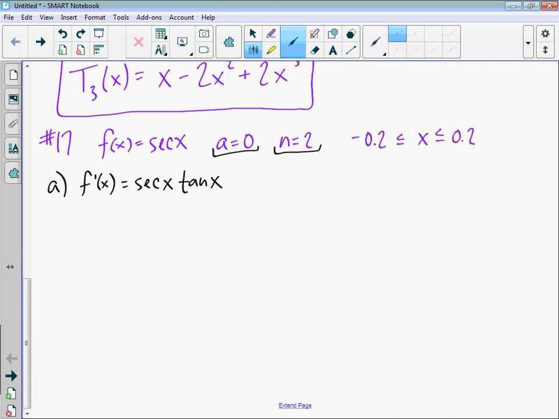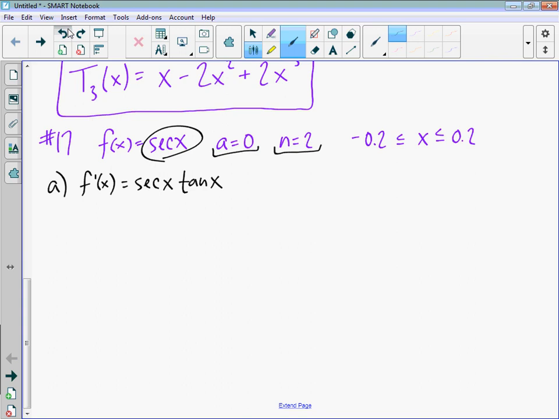Now, some people just have a lot of trouble with remembering those. You should memorize them. We'll have time to memorize those, but I know some people go, oh, okay, I'm stuck, so I'm going to go, this is 1 over cosine, and then you could do your quotient rule, and you can come up with an answer that's correct. This is just the simplest form of it there.